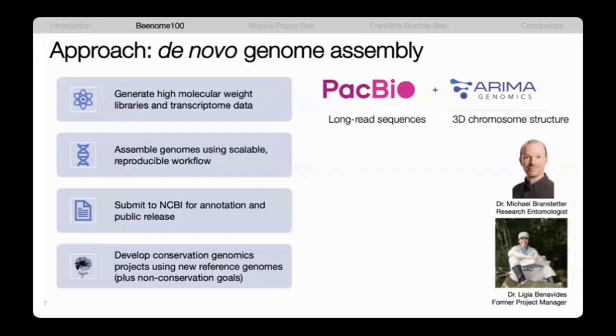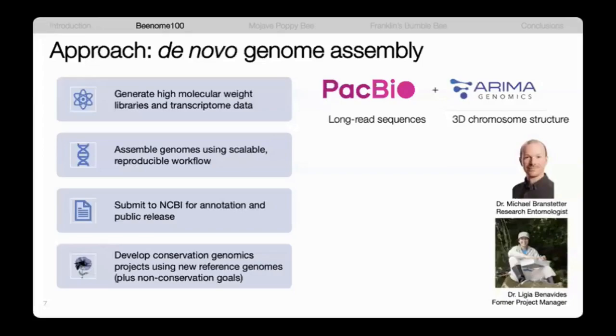Our approach for Beenome100 has been de novo genome assembly. So with other ARS research units, we are generating high molecular weight libraries and transcriptome data. We're using long-read sequence data from PacBio, as well as Hi-C data for chromosome structure. The transcriptome data is being used for annotation of genes in these genomes.